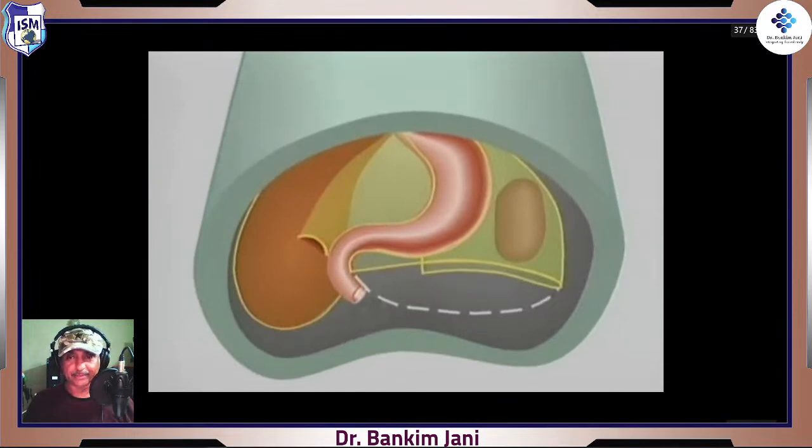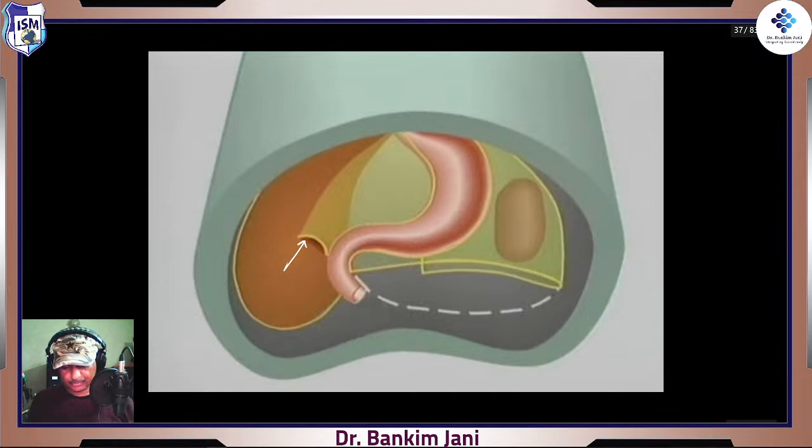Now we are adding one more step. The way there is a free margin in the case of ventral mesogastrium, that's not the case with dorsal mesogastrium, right? Yes, the foramen would be connecting.